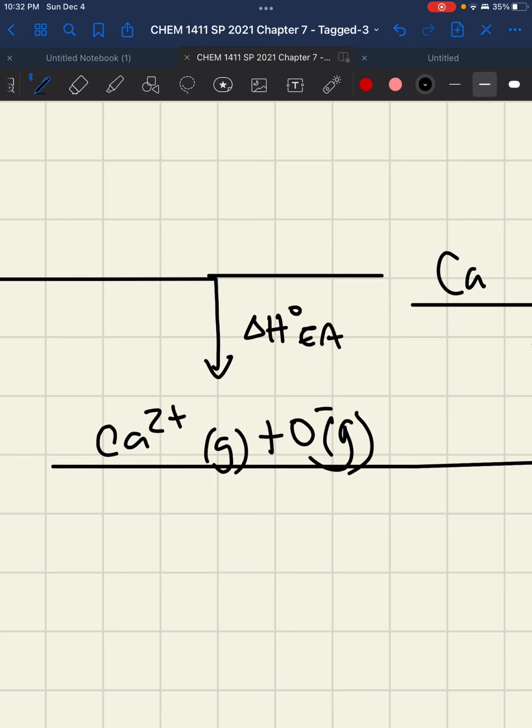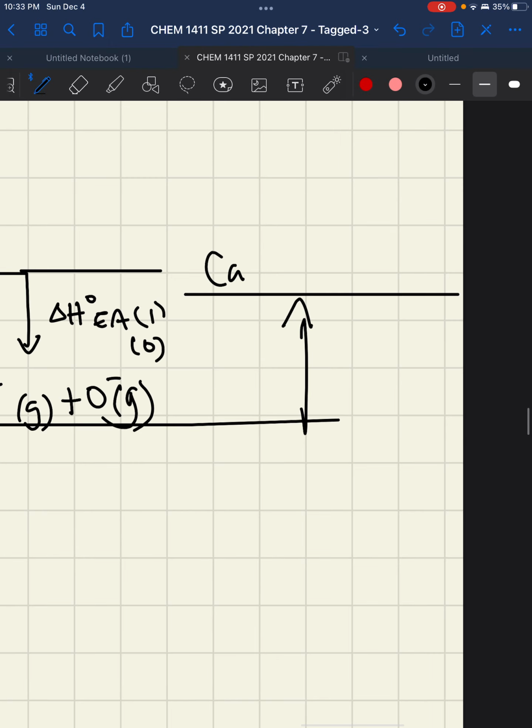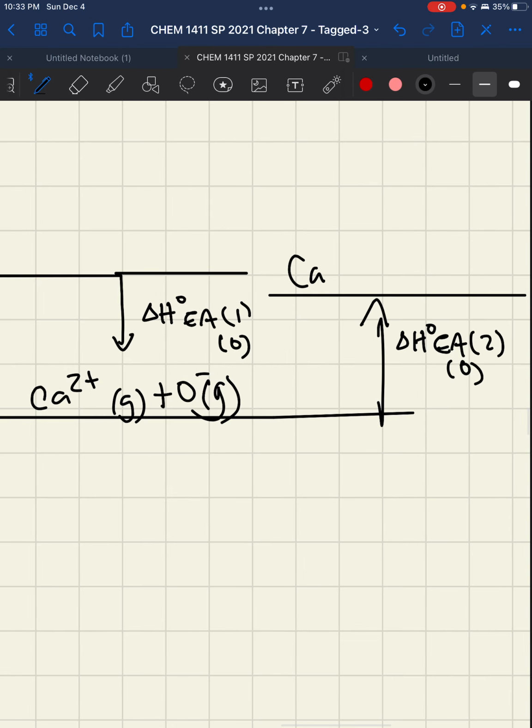So this was the first electron affinity for oxygen. This is the second one, electron affinity for oxygen, and then it's Ca2+ plus oxygen 2- gas.